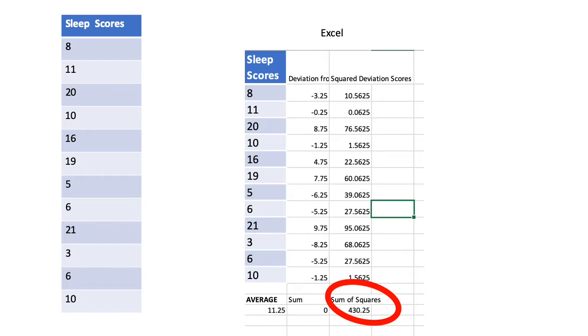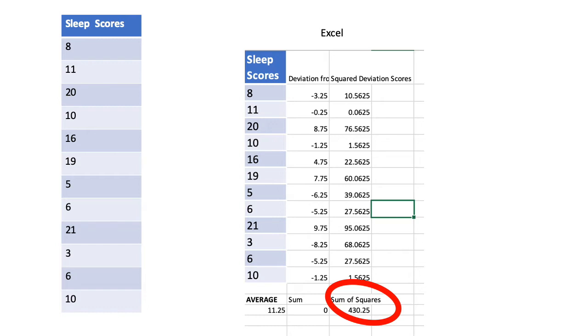I calculated my average, which was 11.25. I calculated my deviation scores. You can see that in the second column. 8 minus 11.25 is negative 3.25. I continue doing that for every single score. I sum those to make sure they sum to 0, because they should, since the average deviation from the mean is always 0.